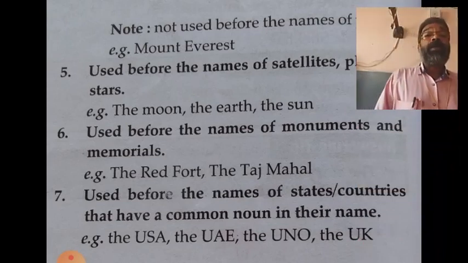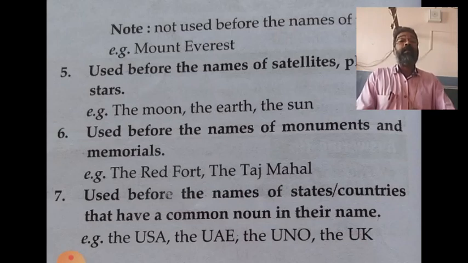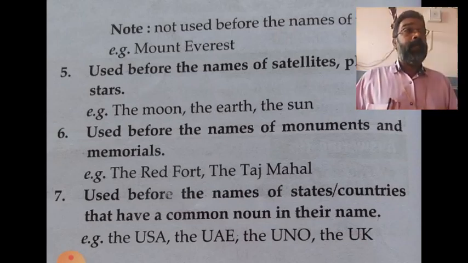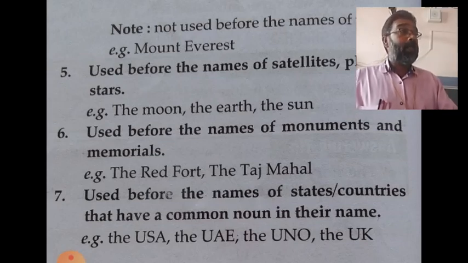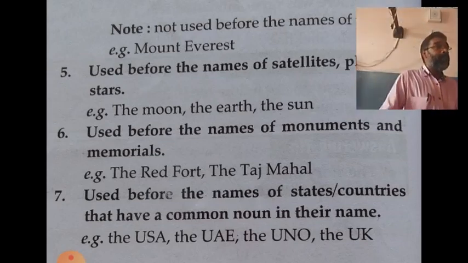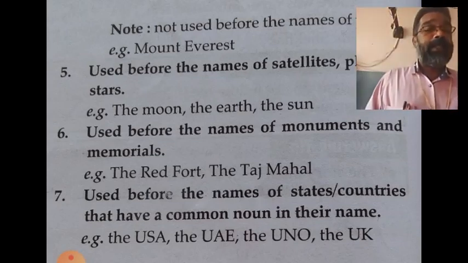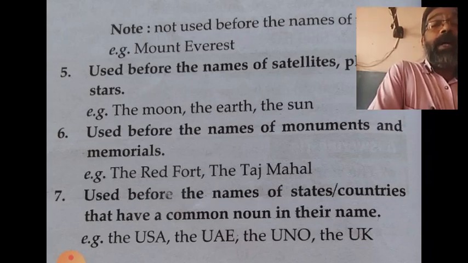Then used before names of states and countries that have a common noun in their name. Some countries have a long name with more than one word. If there is a common noun in the country's name, then we use the definite article the.